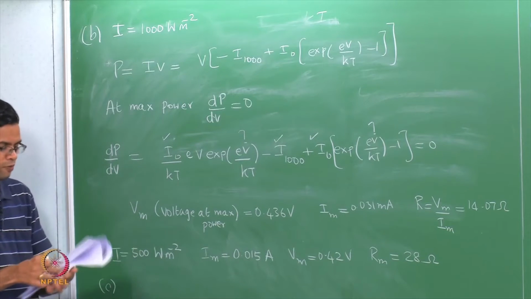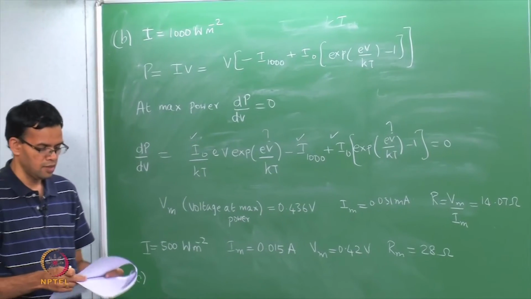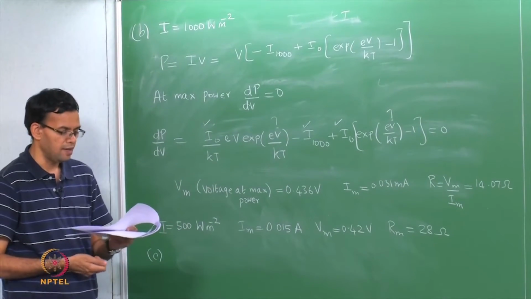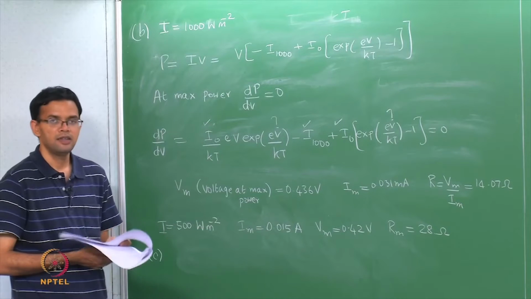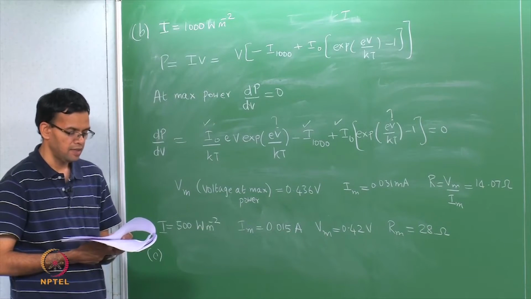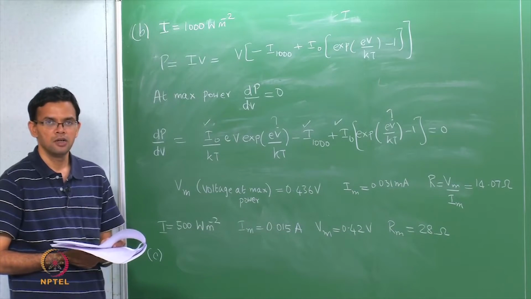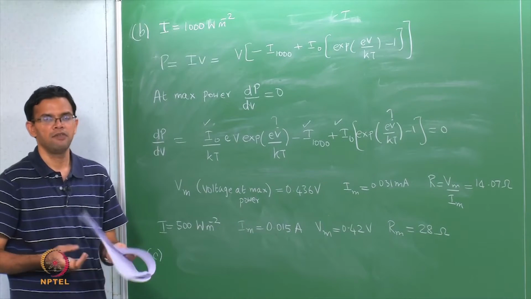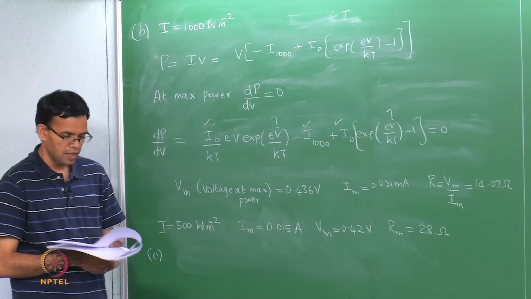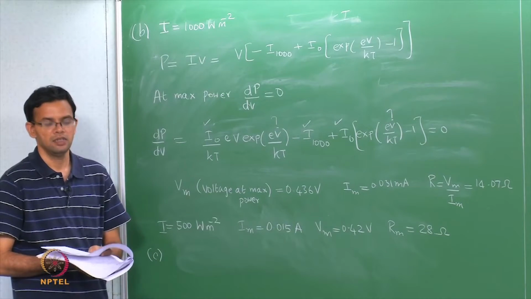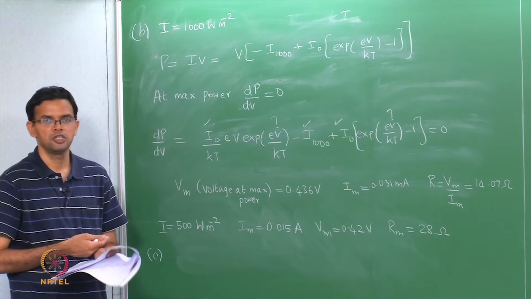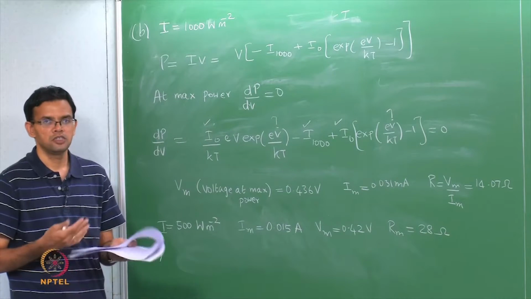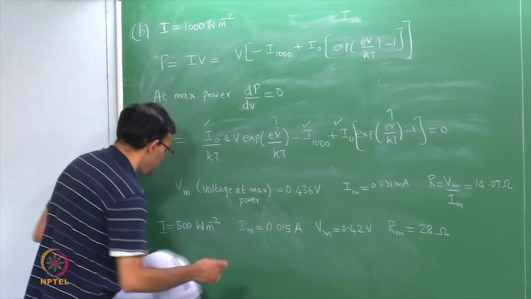So, the last part of the question, part C. We need to connect solar cells in order to drive a calculator. The calculator is to be used at a light intensity of 500 watts per meter square. So, when we have solar cells each having a particular voltage, and they should essentially be connected in order to give the voltage of 3 volts, these solar cells should be connected in series.